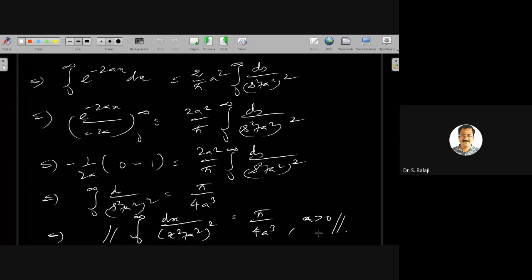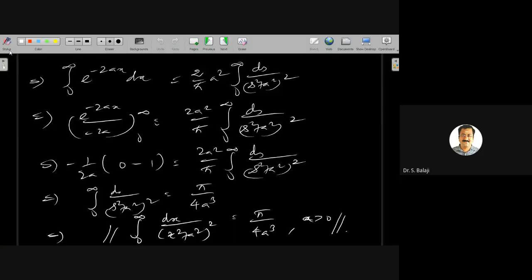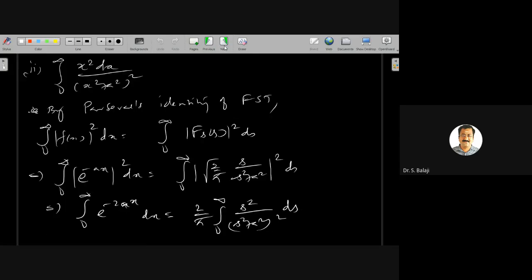And the second subdivision, they are asking x square by (x square plus a square) whole square. Therefore, you have to use Parseval's identity of Fourier sine transform: integral 0 to infinity x square dx by (x square plus a square) whole square.